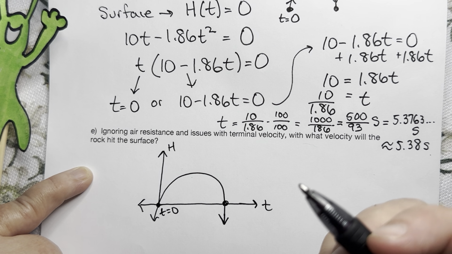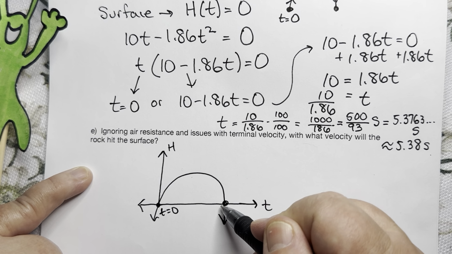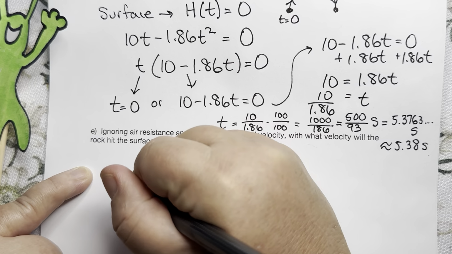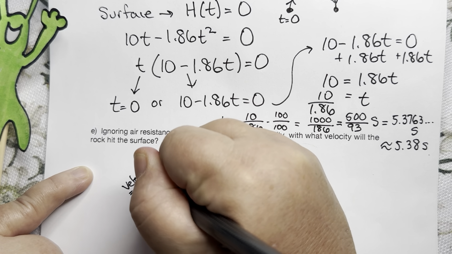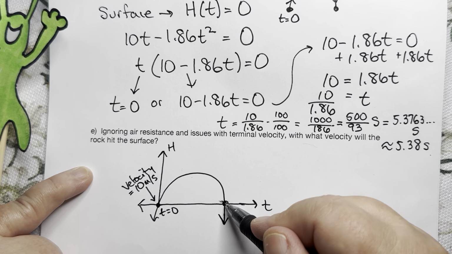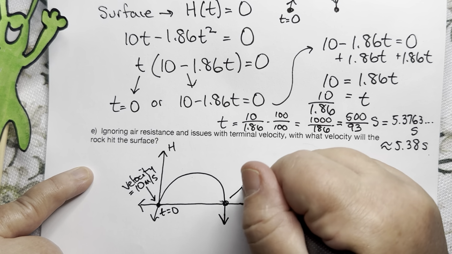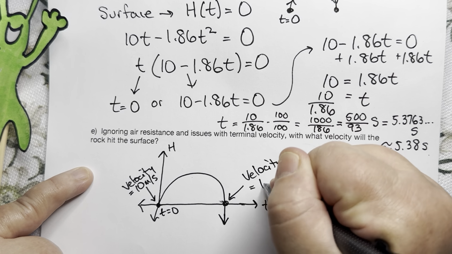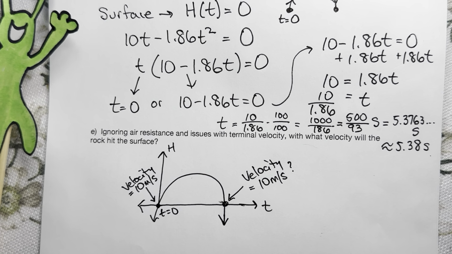I know you're all very, very impressed, I can tell. But if this is symmetric, and if the velocity right at this moment is 10 meters per second, what are we expecting will happen on the other side? We're expecting that the velocity should equal 10 meters per second.